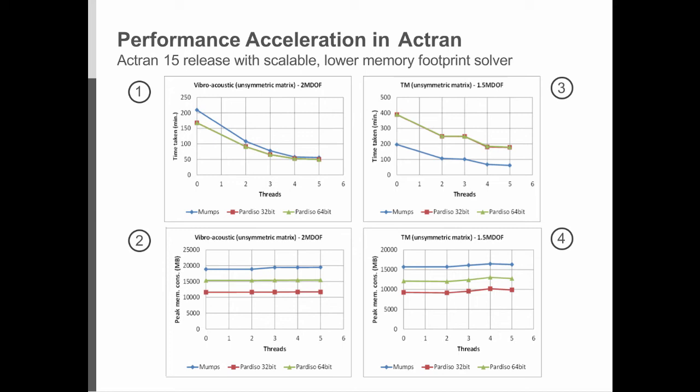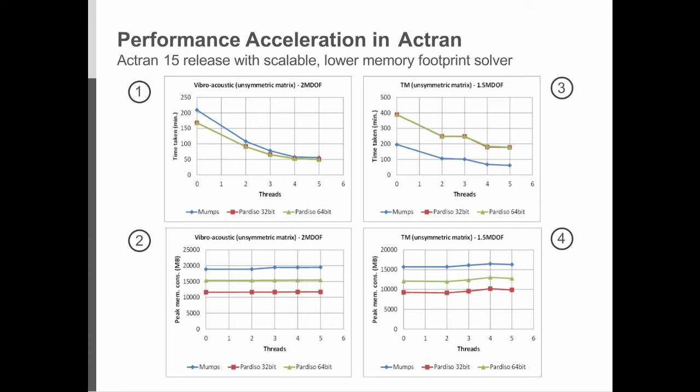the benefits. For Actran, one of the largest benefits actually is the reduced memory footprint for the 32-bit and 64-bit versions of Pardiso. The top 2 graphs, labeled 1 and 3, show the performance improvement in time, in minutes actually, with respect to factorization for an unsymmetric matrix with increased core count, or in this chart, corresponding to threads.